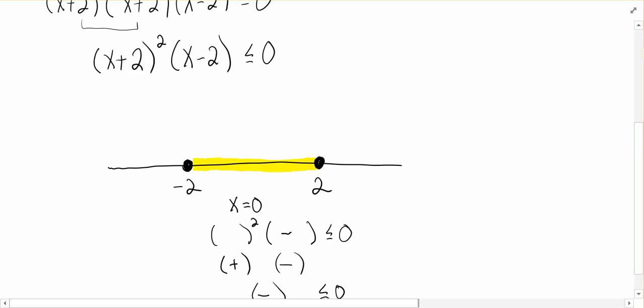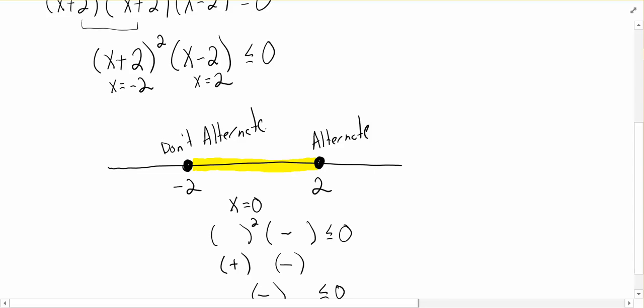Now, the squared guy is what gave us negative 2. The not squared guy is what gave us positive 2. So at the positive 2 is where we will alternate. At the negative 2 is where we don't alternate.